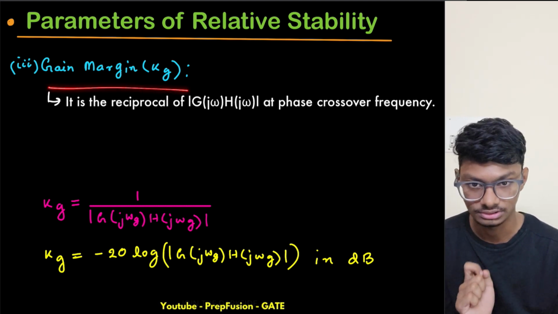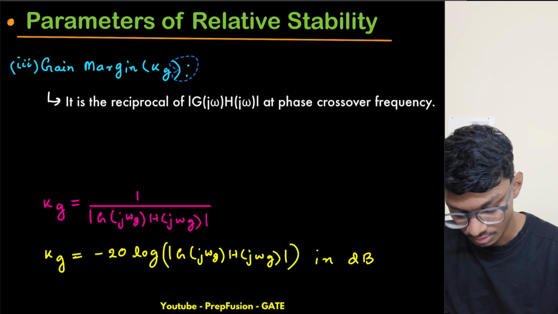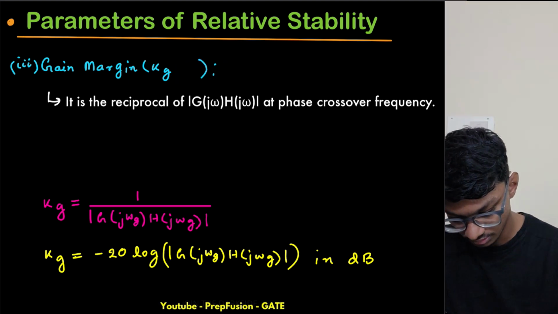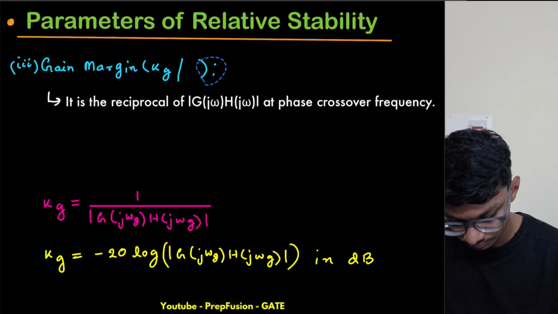So gain margin is denoted Kg or GM itself.